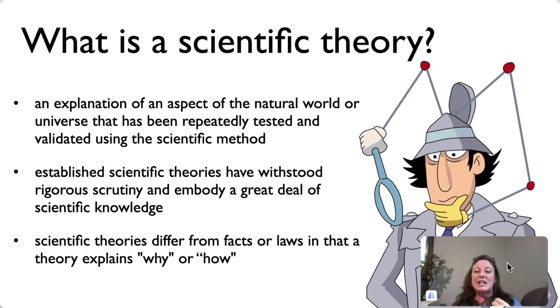Anything that is considered an established scientific theory has been rigorously scrutinized and tested, and it actually embodies not just one or two pieces of information, but a whole bunch of scientific knowledge. Theories explain how or why something works, and therefore they are much bigger and more important in our scientific understanding than simply a fact or a law, which just describes a single thing.